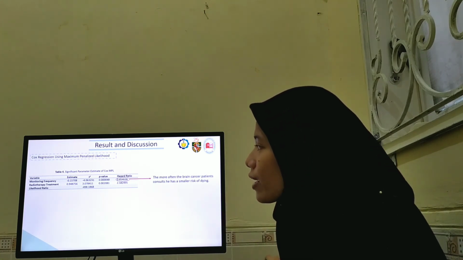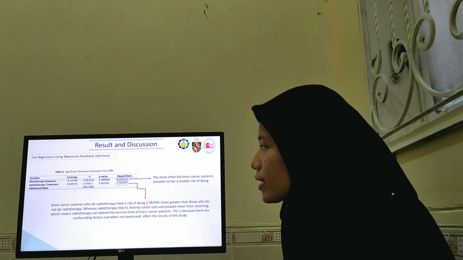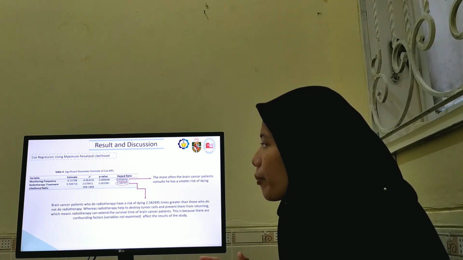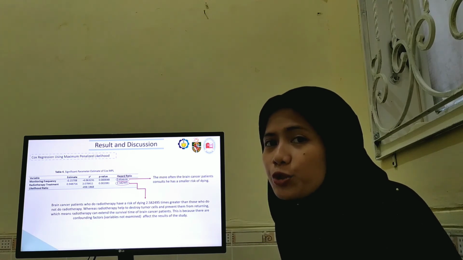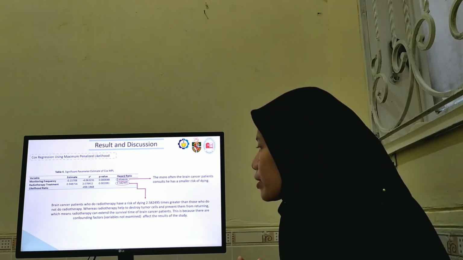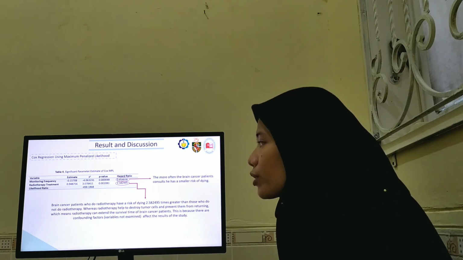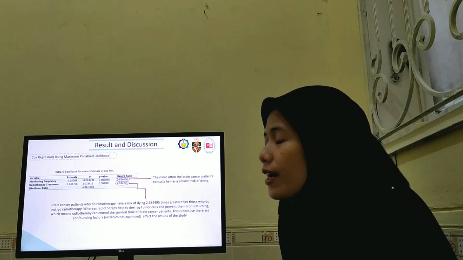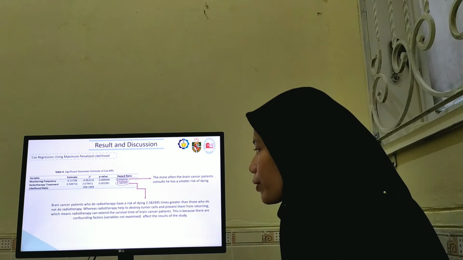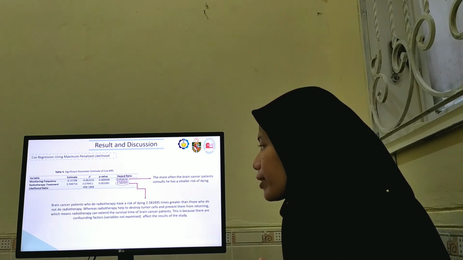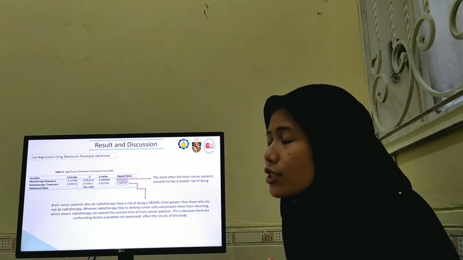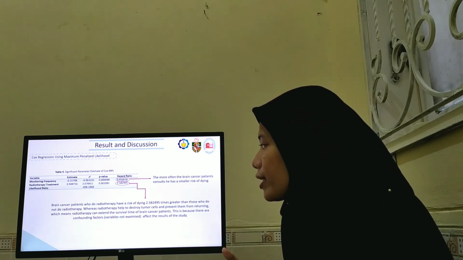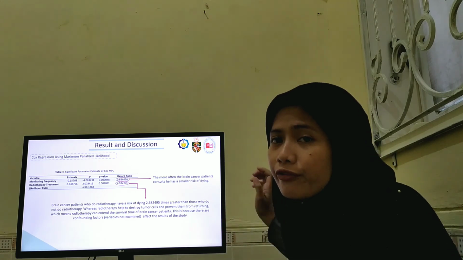We also know that the hazard ratio of radiotherapy treatment is 2.58, which means that brain cancer patients who do radiotherapy have a risk of dying 2.58 times greater than those who don't, whereas radiotherapy helps to destroy tumor cells and prevent them from returning, which means radiotherapy can extend the survival time of brain cancer patients. This is because there are confounding factors affecting the result of the study.